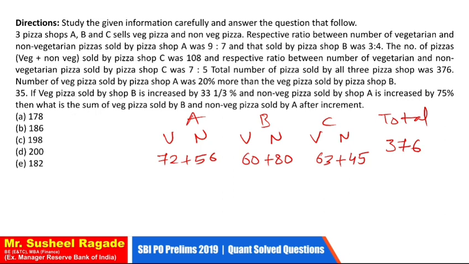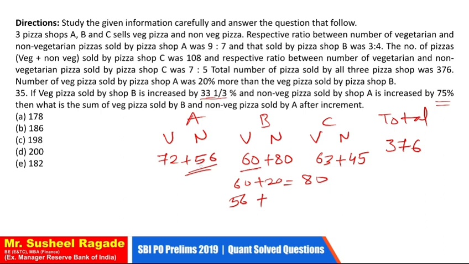If the veg pizza sold by shop B is increased by 33%, so B veg increased by 33% means 60 plus 20 is equal to 80. 33% means 1 by 3. And the non-veg pizza sold by shop A is 56 plus 75%. I have told in one of my videos how to multiply by 75.